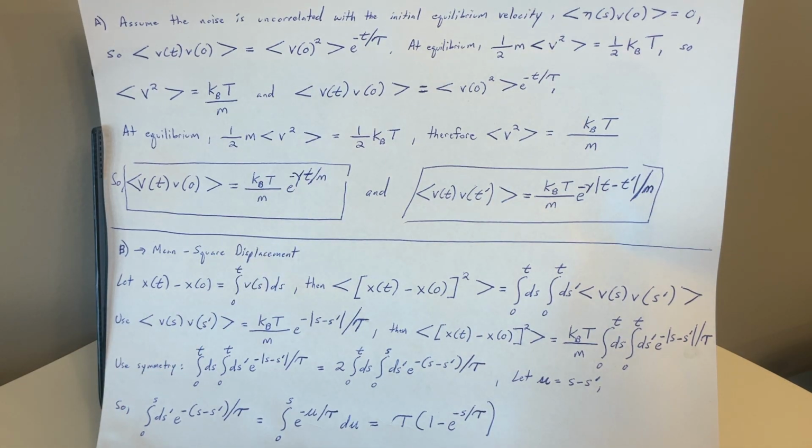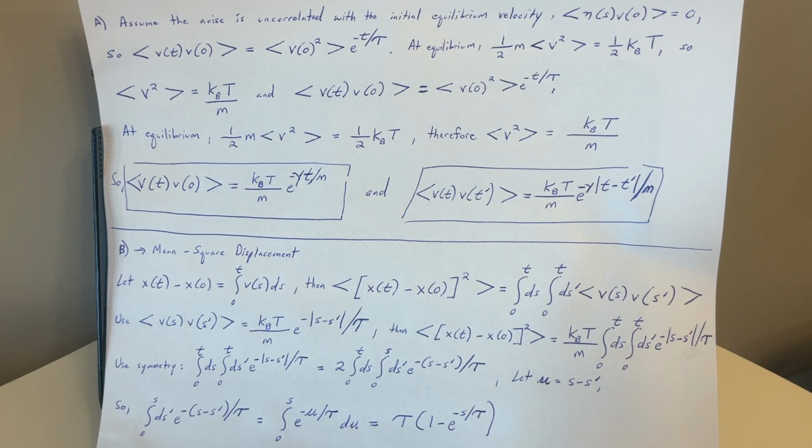And the expectation value of v of t, v of t prime equals k sub B T over m, e to the negative gamma times the absolute value of t minus t prime, divided by m. So that's part A.